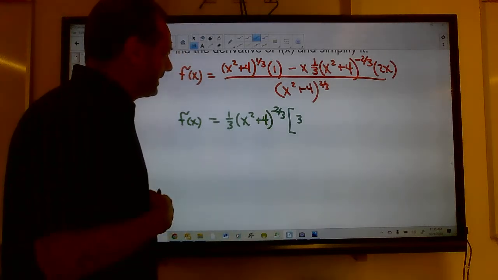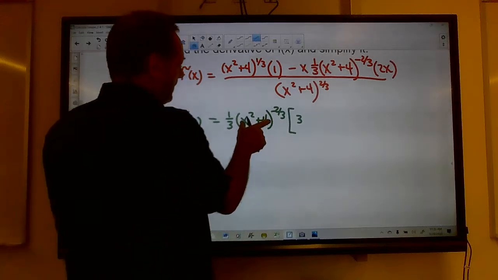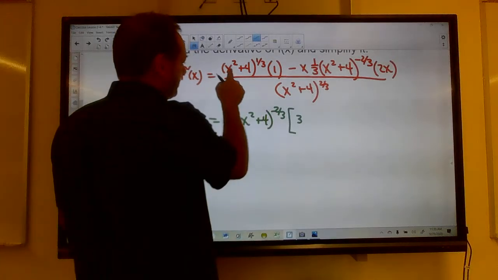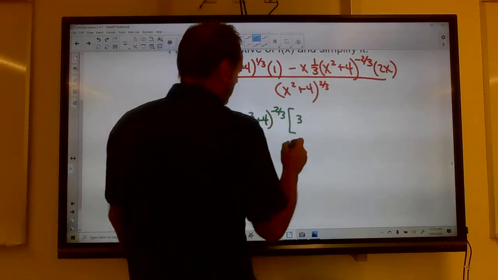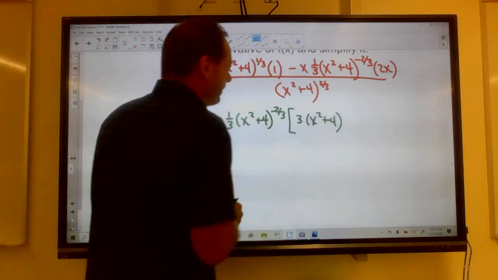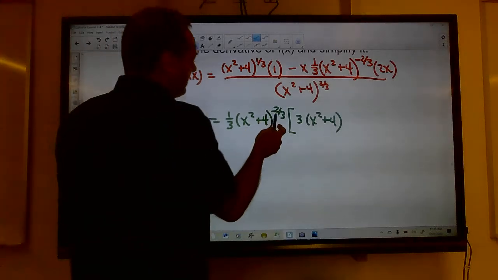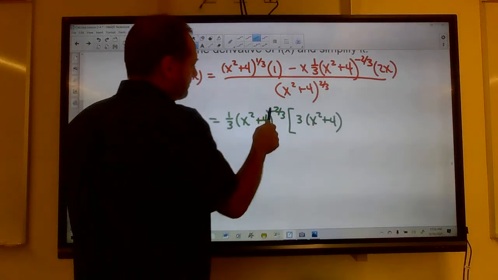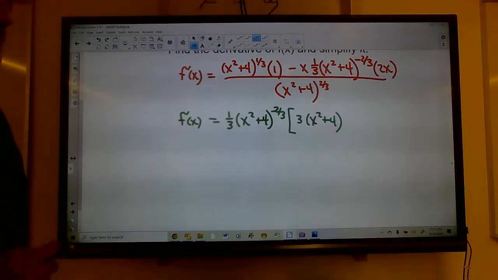Now, if I also factor out this x squared plus 4 to the negative 2/3, here I have x squared plus 4 to the 1/3. That's going to leave me with an x squared plus 4 to the first power. Okay, so if I'm dividing out a negative, I'm really subtracting a negative or adding a positive to the power there.